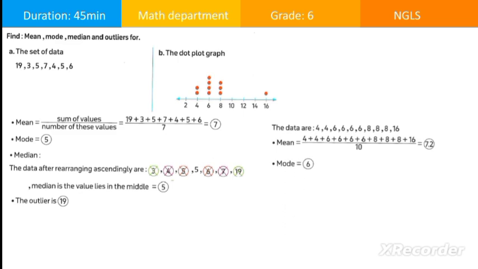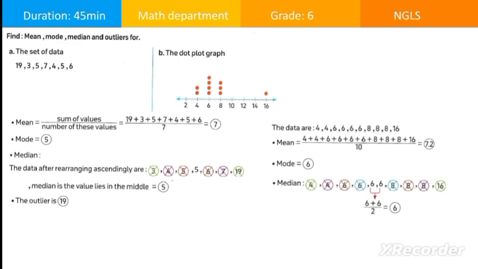The mode is the most repeated number, which is 6. Very good. And the median: I arrange the data from the smallest to the greatest, removing the first with the last, 4 with 16, 4 with 8, 6 with 8, and 6 with 8, then the remainder is 6 and 6.